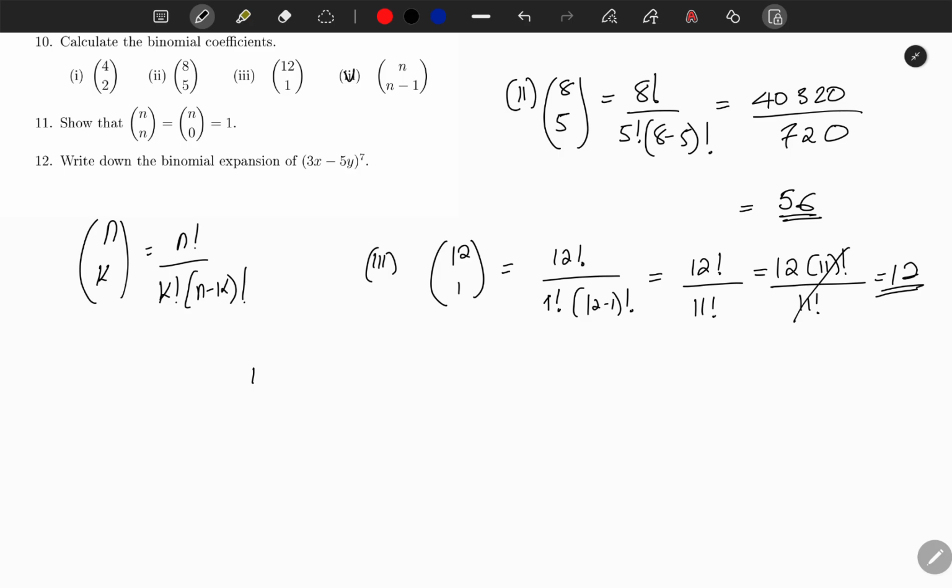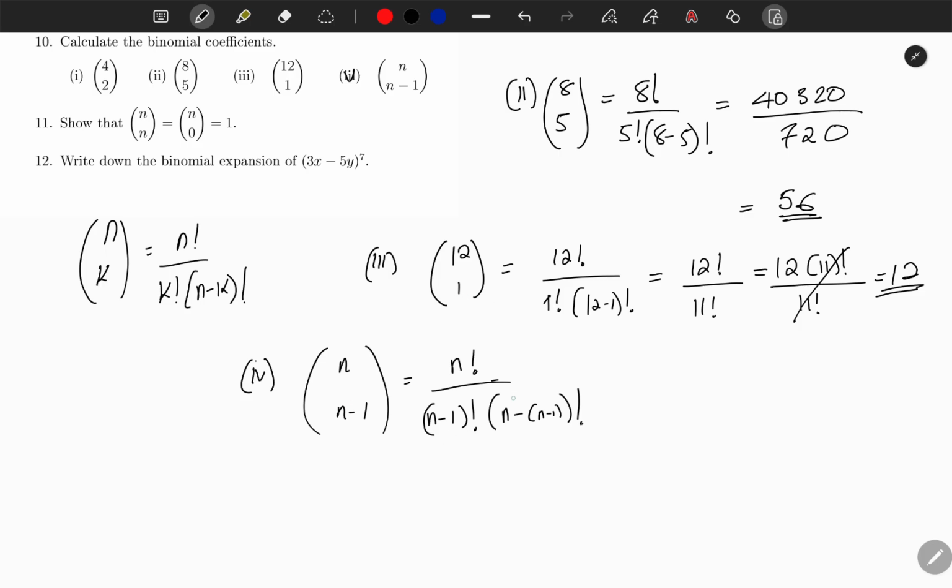This should be question 4. That is n choose 1. Then you have n factorial over 1 factorial, then n minus 1 factorial. Are you getting what I'm saying here? We come up with this one next, the same way we have 1 factorial.